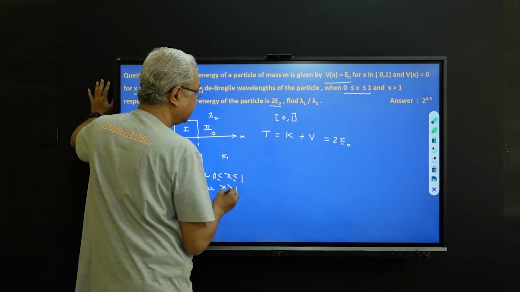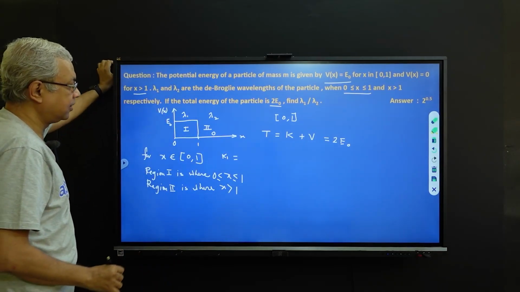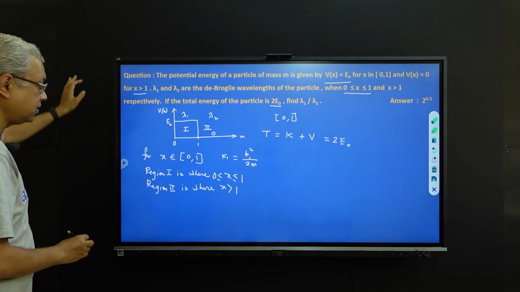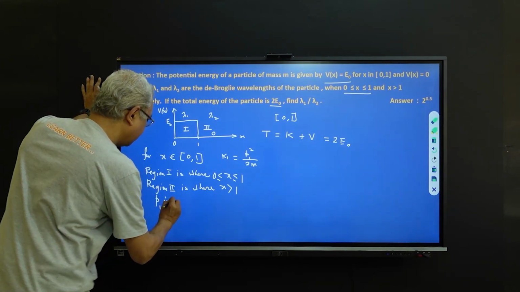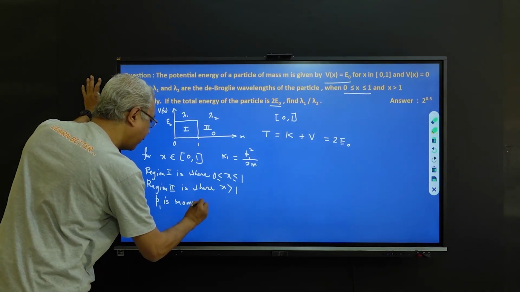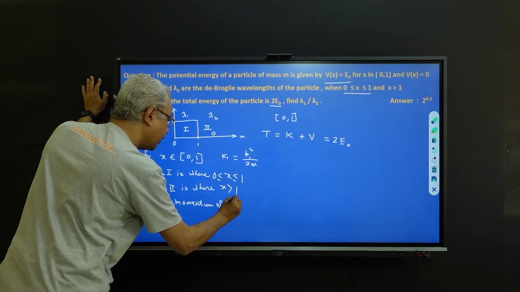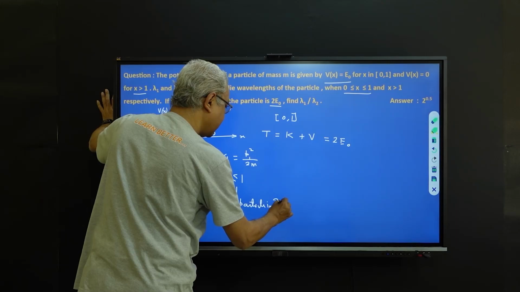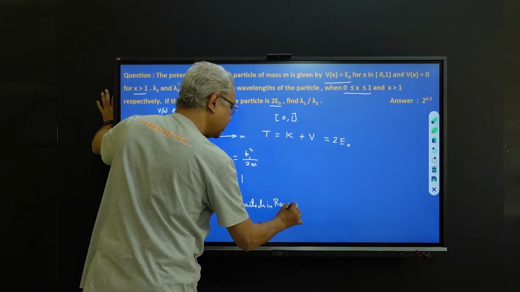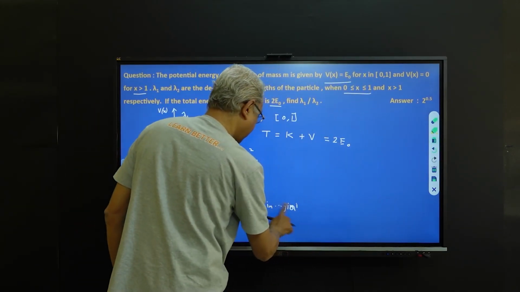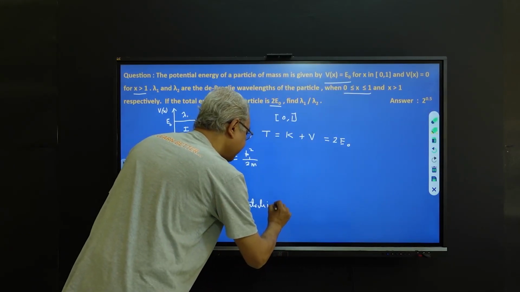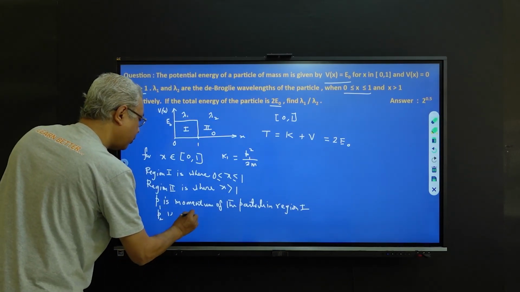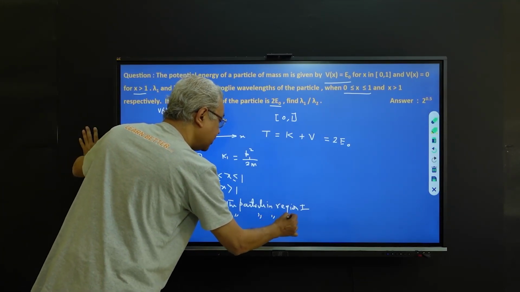So K1, the kinetic energy of the particle in region 1, is equal to P1 square by 2m, where P1 is the momentum of the particle in region 1, and P2 is the momentum of the particle in region 2.